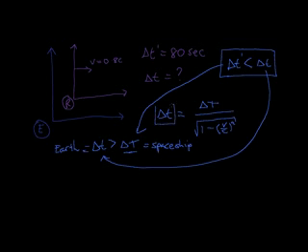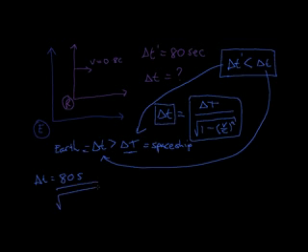We're trying to work out this value here, so it's already in the form that we want it in. So we simply say our delta t is equal to our proper time, which is 80 seconds, divided by the square root of 1 minus, well, what's the velocity?